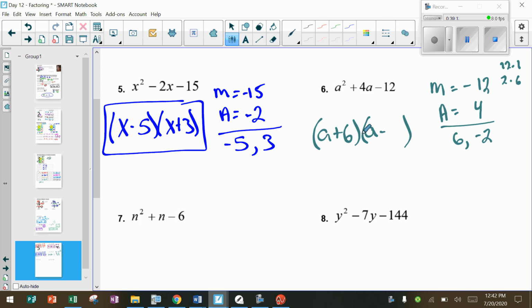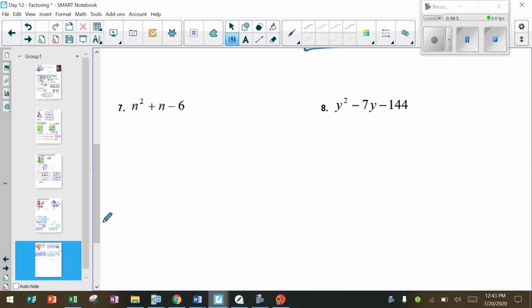So there we go. Now the calculator might help get those numbers faster, but I was just going through my head the list of numbers that multiply to be negative 12. And as I go through that list, I figure out, will they make somehow a 4? When I find it, then we got it. Last two.